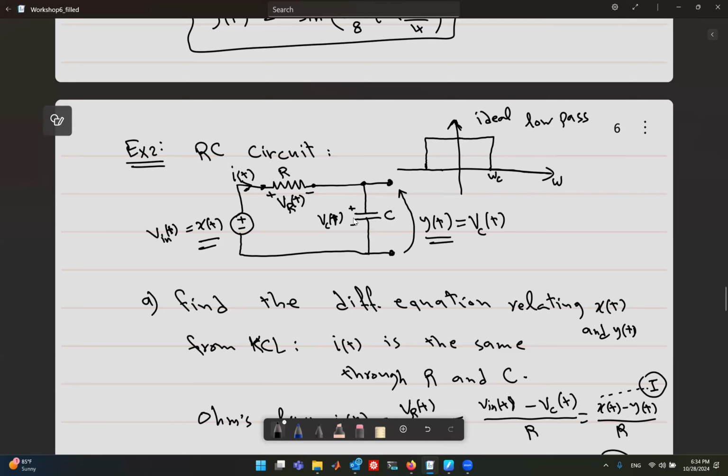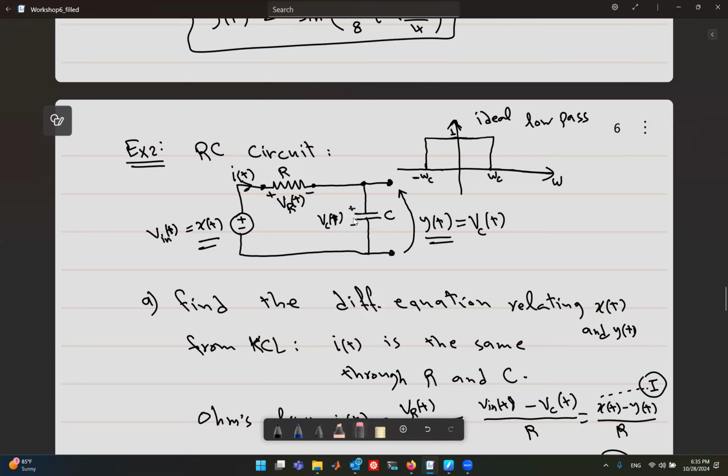Any signal that has a frequency higher than omega c will be completely absorbed or attenuated. It will not pass through. Anything within this frequency range will pass through without being touched, without being scaled or anything. And let's say this is 1 here, if it's ideal. But this one is not ideal.